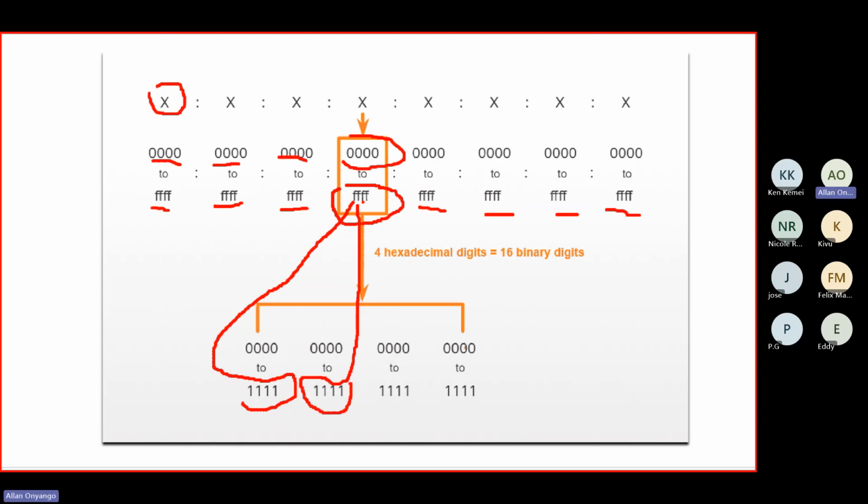You take the third F, it will also give us 4 ones. You take the last F, it will also give us 4 ones. Can you see that? Good. Even if you take these zeros, we have 4 zeros here. If you take the first 0, you get 4 zeros. You take the second 0.